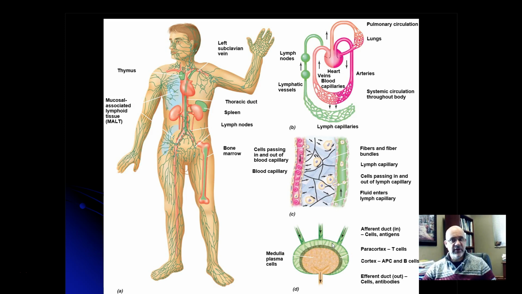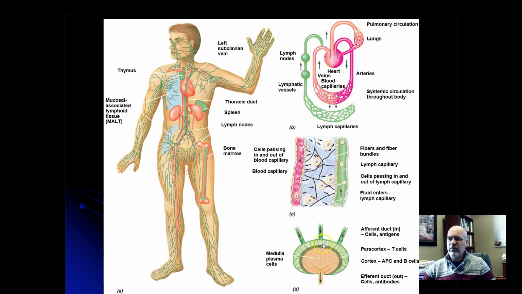And as we talked about in Chapter 12, lymph nodes are locations where we have lymphocytes and macrophages stationed to intercept microorganisms that may be draining off of an infected tissue somewhere in the body. So by doing that, the lymphatic system is partnering with your immune system and playing a really important role in immunity.